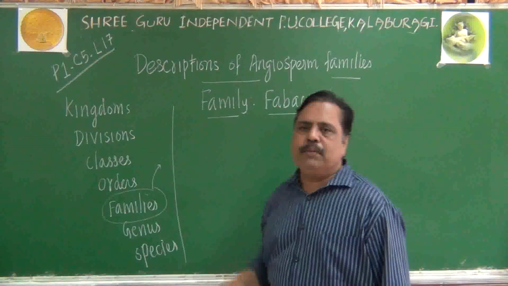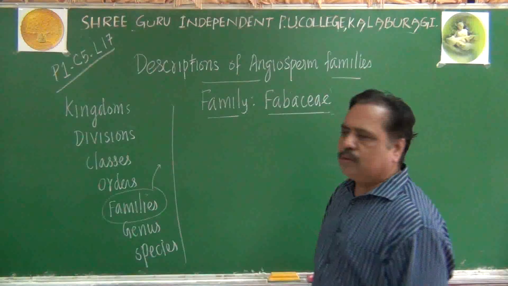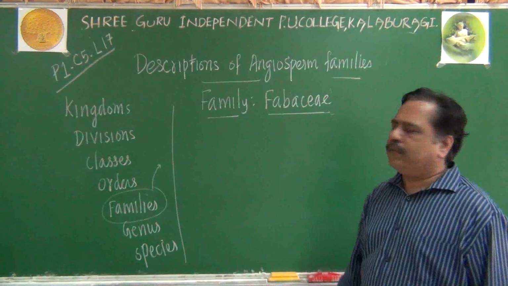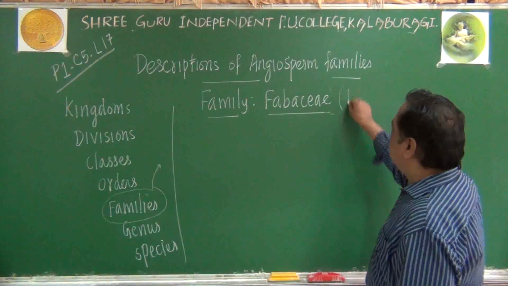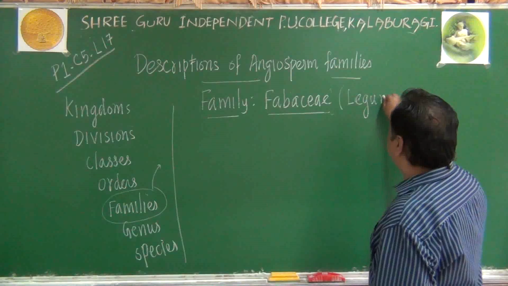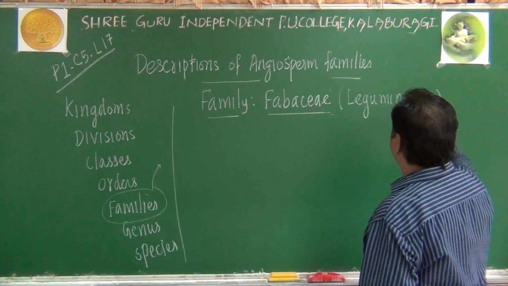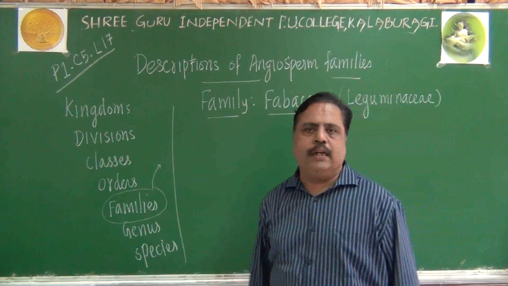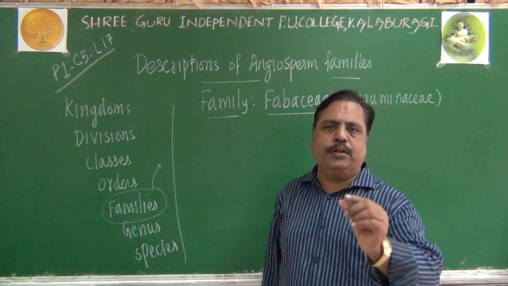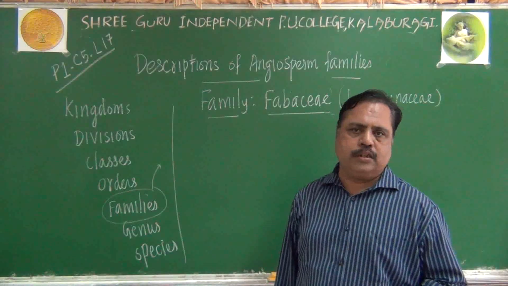That is called family actually. Fabaceae is also known as Leguminosae. Legume, root nodule or legume they contain, so they are called Leguminosae also.